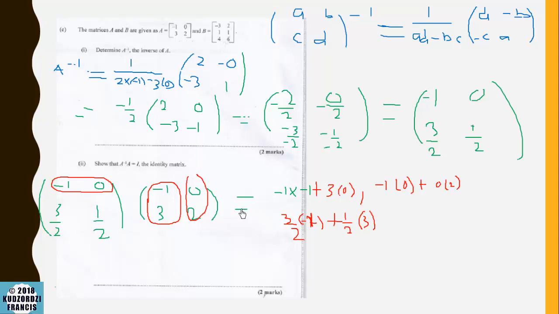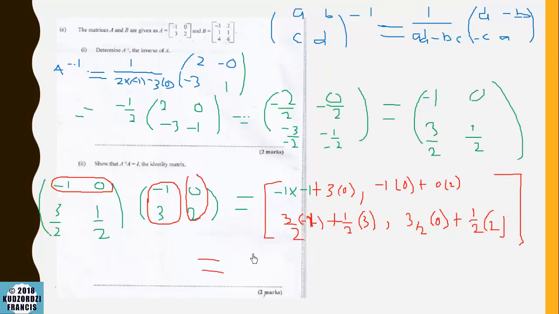Then the last one, we have 3 over 2 times 0 plus 1 over 2 times 2. So we simplify this.